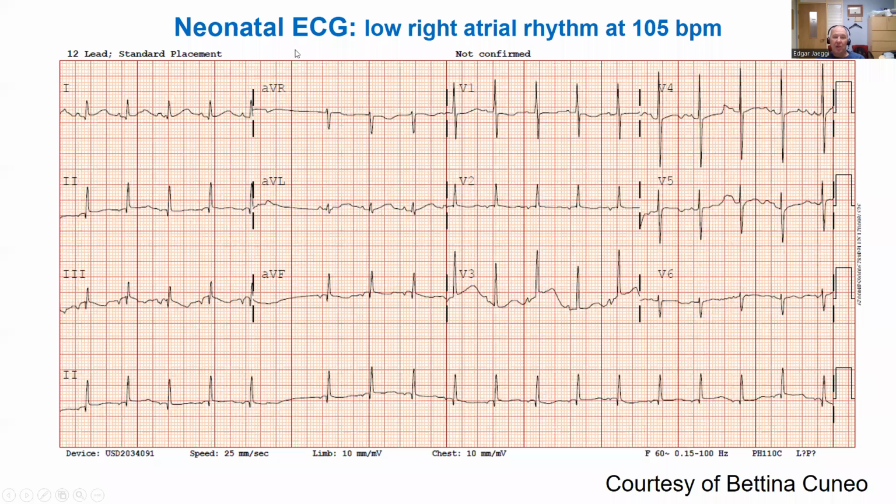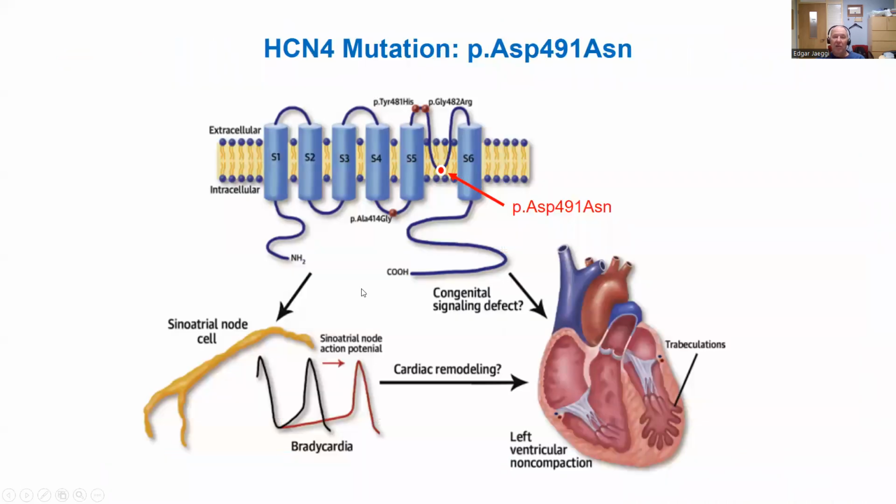Now, the neonatal ECG shows a low right atrial rhythm at 105 beats per minute. And the genetic testing confirms a mutation that is linked in the same area as the one reported previously by Milano that resulted in LV non-compaction and sinus bradycardia.